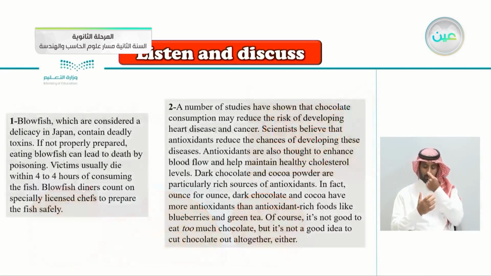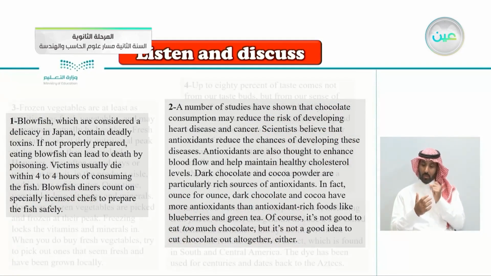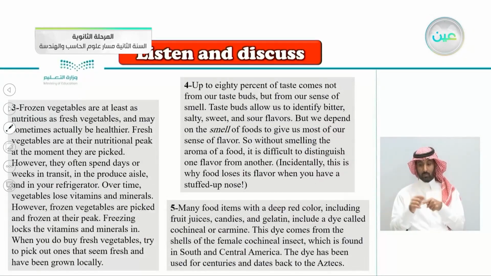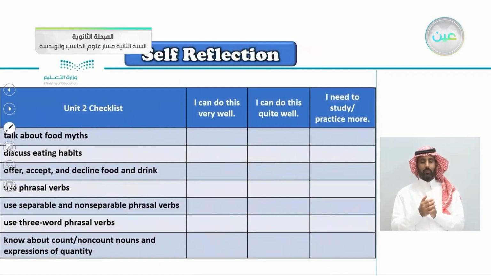So did you find this lesson, these articles, easy or hard for you? If you understood the lesson very well, you put it here. Quite well, check here. If you think you need more practice, check here.